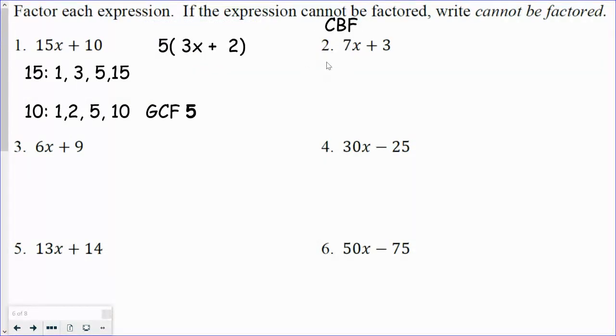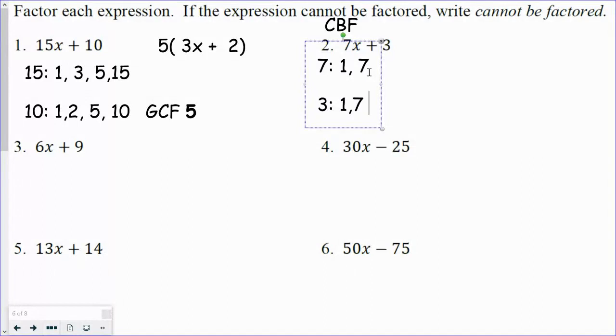Sometimes we have some that we're going to find out are prime numbers. So a prime number is a number that has only 2 factors, 1 and itself. Okay? 7 and 3 are some of the first few prime numbers that we list.